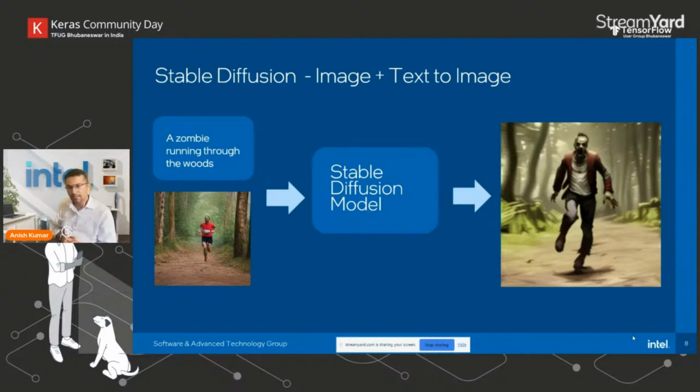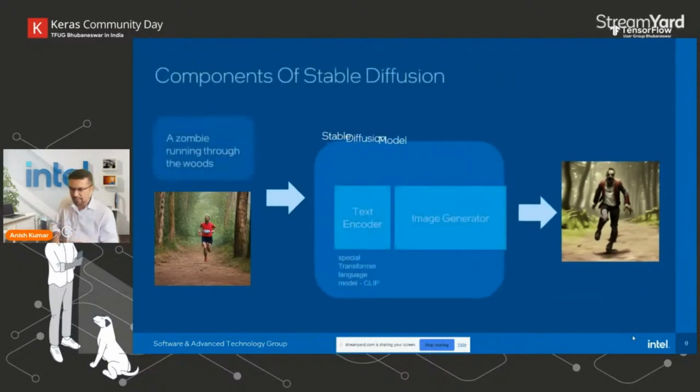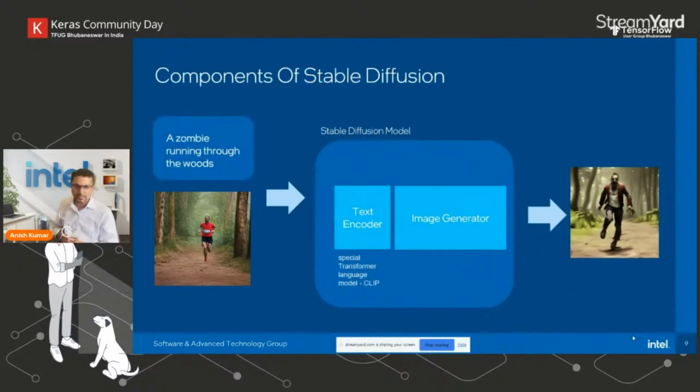But this is from the perspective of an end user or a non-technical person. These are the options available, but we as developers are more interested in the technical aspect. What are the things that happen internally within Stable Diffusion to do all this magic? Inside, Stable Diffusion has two major components. One is a text encoder, and the other is an image generator.